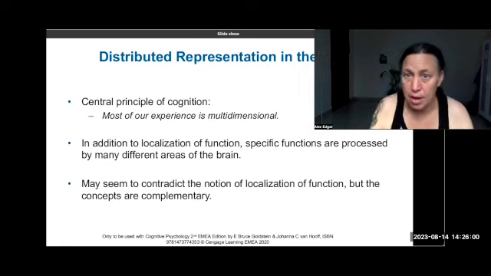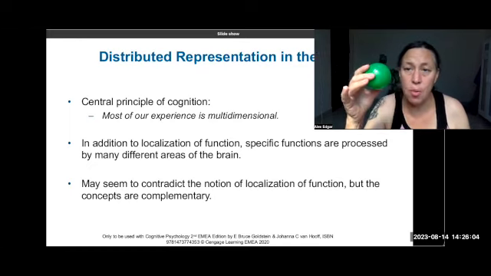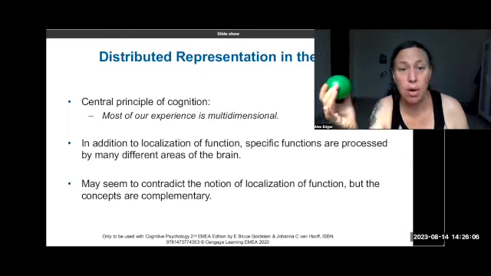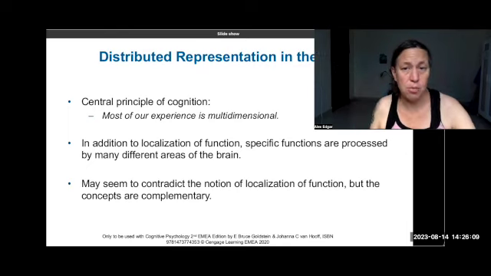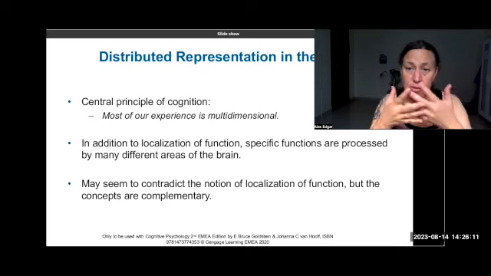Each of those qualities is specific to part of the brain. So when you're looking at this, how much of your brain is firing? A massive amount of it. Okay, so it's both specific and it's a neural network.